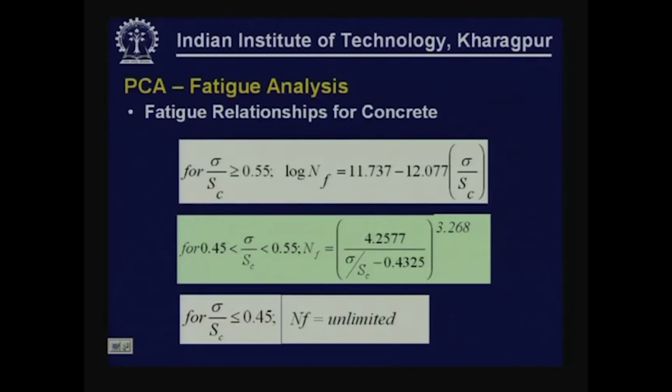This is the fatigue relationship considered for concrete. These relationships explain, in terms of the stress ratio, how many repetitions the slab or the concrete material can handle before it fails in fatigue damage.